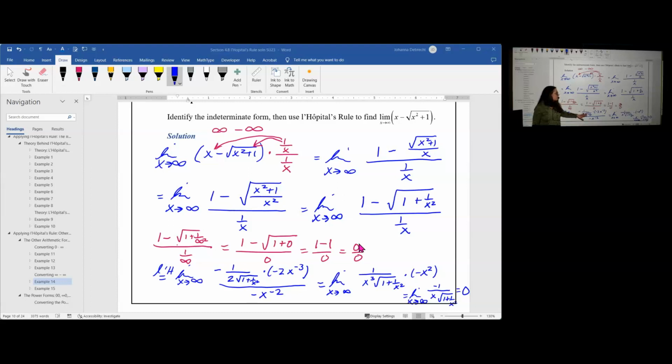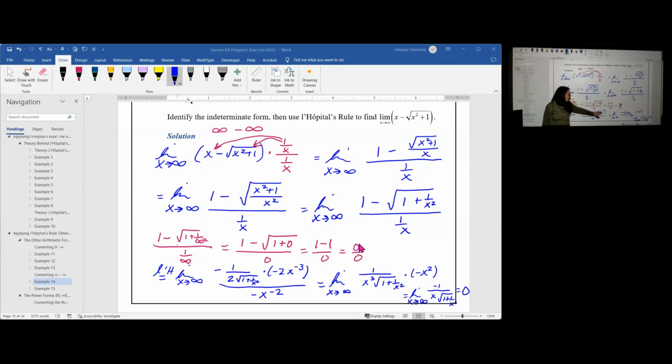The numerator gives me negative 1 over 2 the square root of what was under the radical times the derivative of what was under the radical, which is negative 2x to the negative 3. The derivative of the denominator, x to the negative 1, gives me negative x to the negative 2.